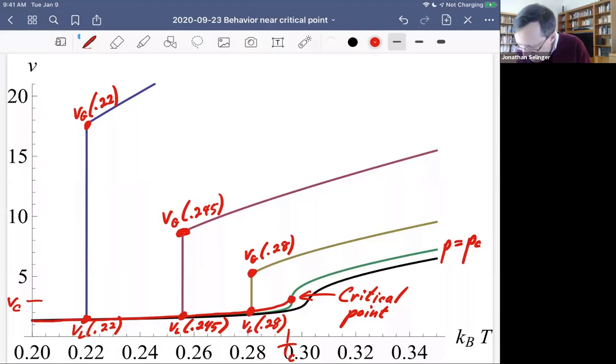And now what about the volume of the gas as a function of temperature? Connect the dots sort of like that.